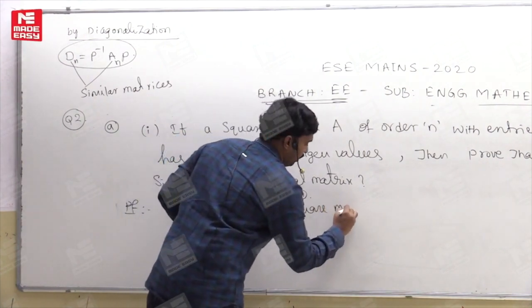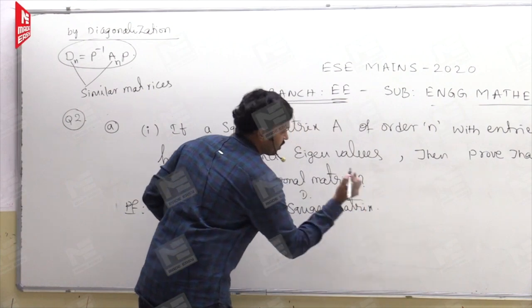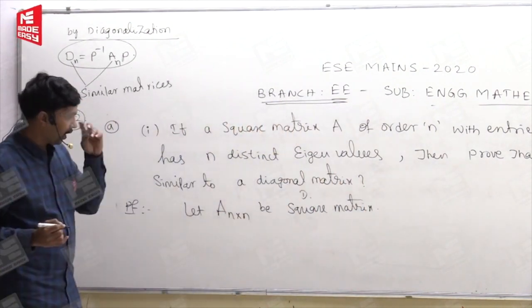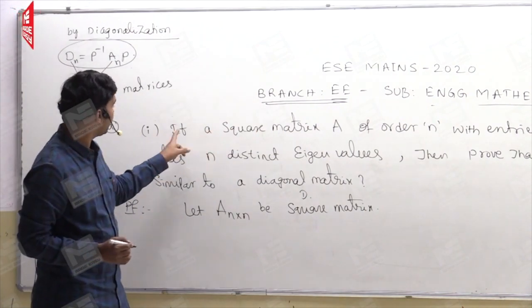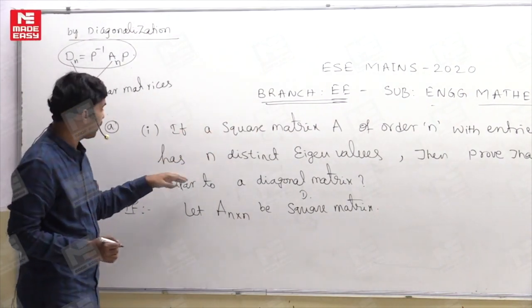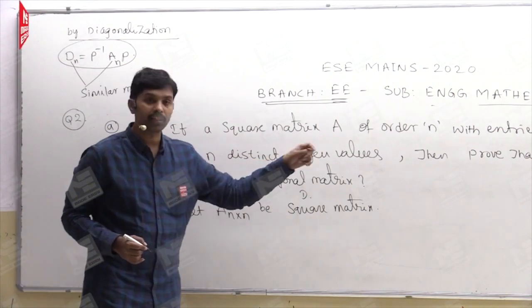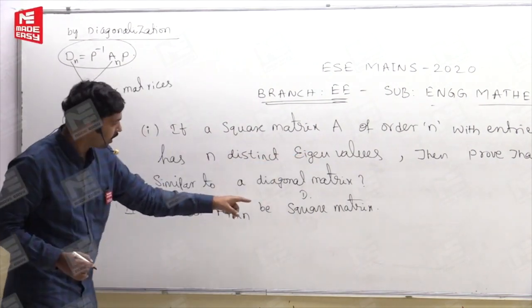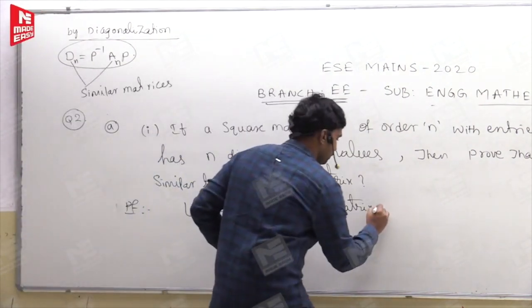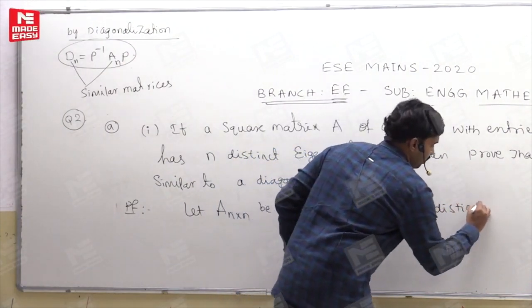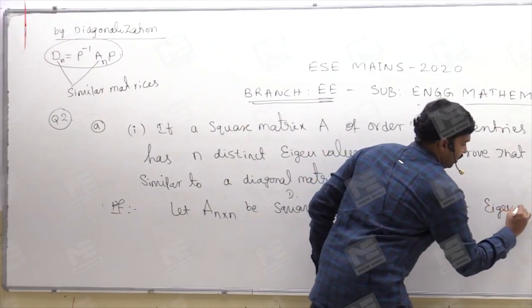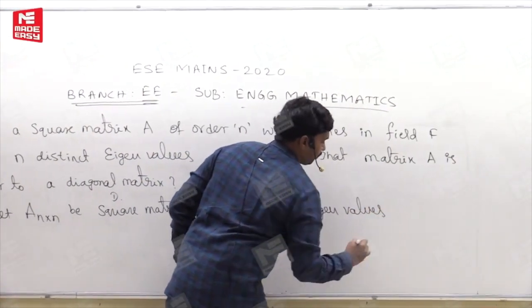Let me write this: it is a square matrix, and the condition we have to take is that it has n distinct eigenvalues. See, let A, n by n, be a square matrix that has n distinct eigenvalues.